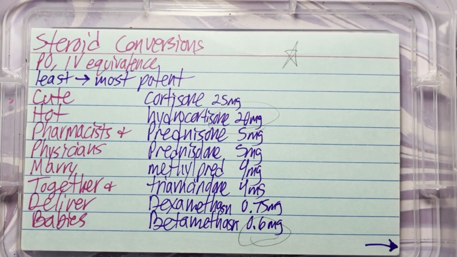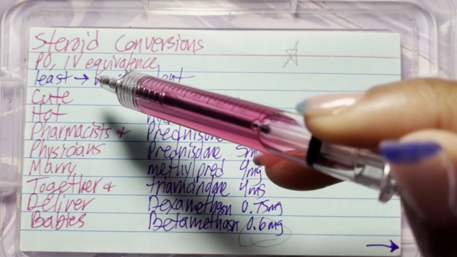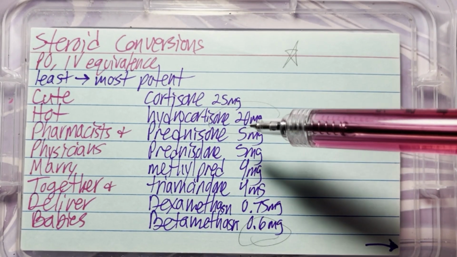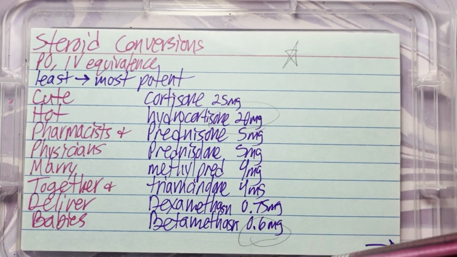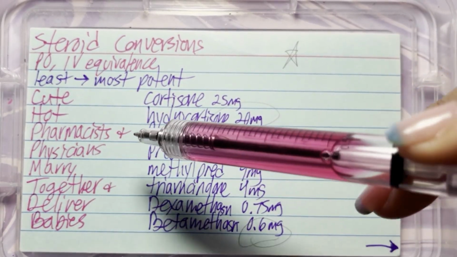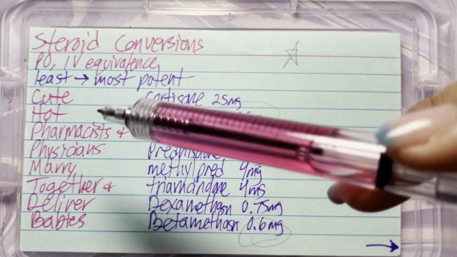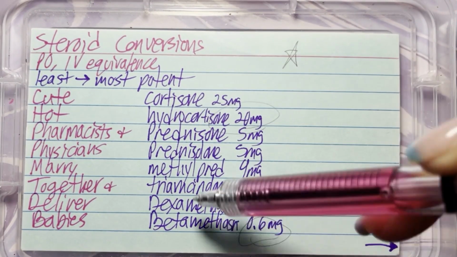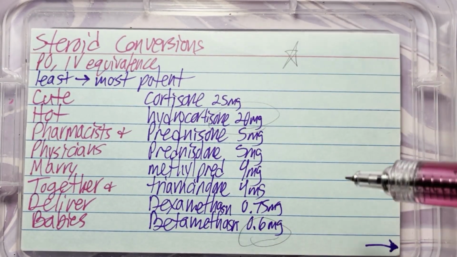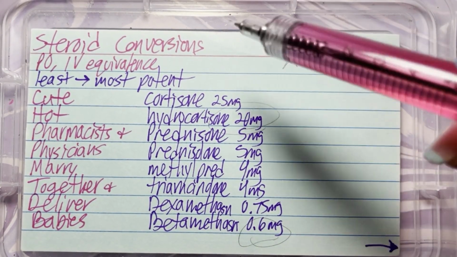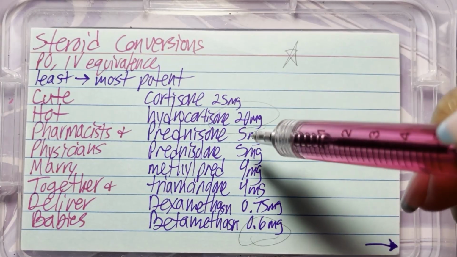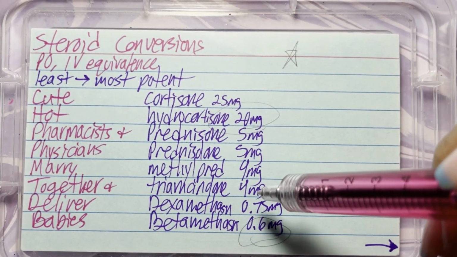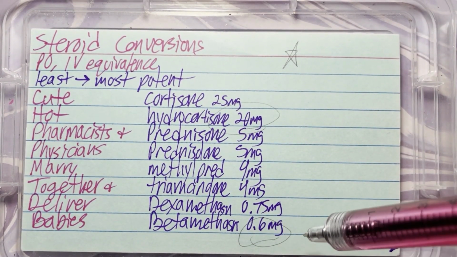Steroid conversions. This is going from least to most potent, therefore highest dose to lowest dose. Cute hot pharmacists and physicians marry together and deliver babies. And here are the respective drugs. The numbers, this is what you need to know. 25, 20, 5, 5, 4, 4, 0.75, 0.6.